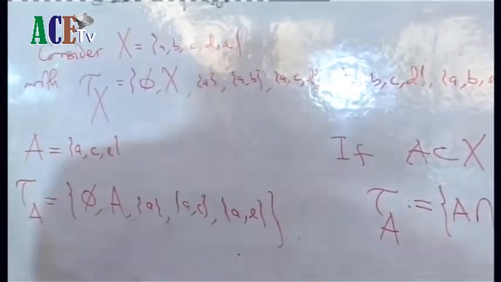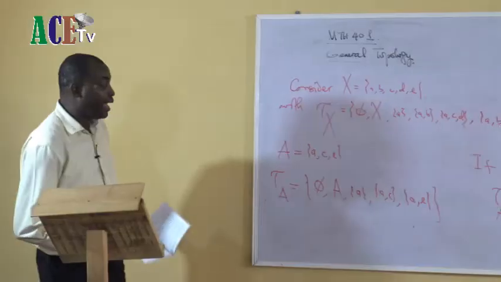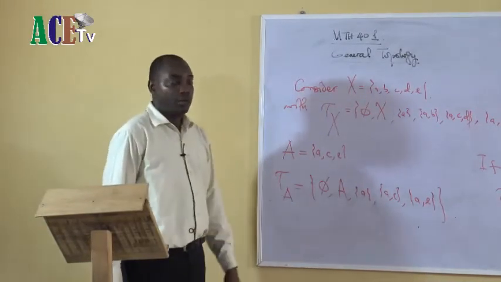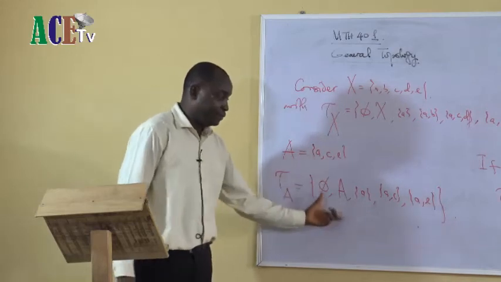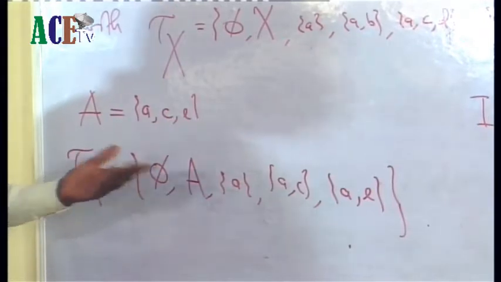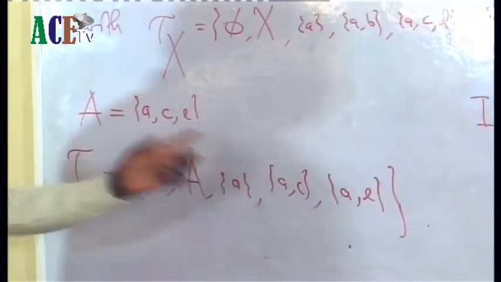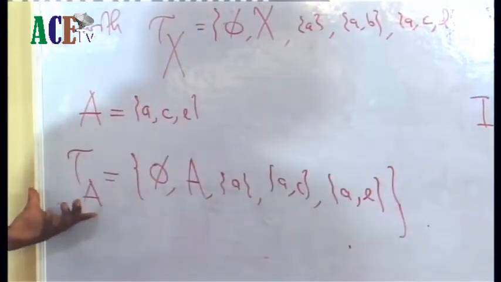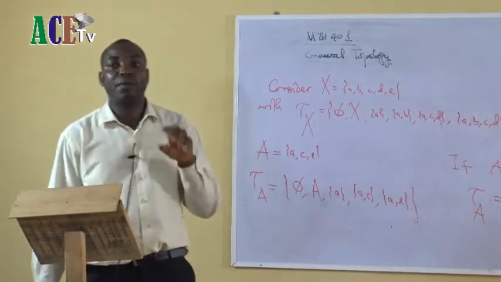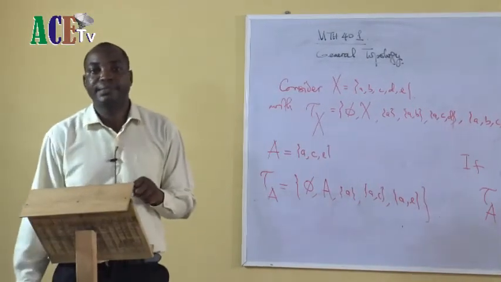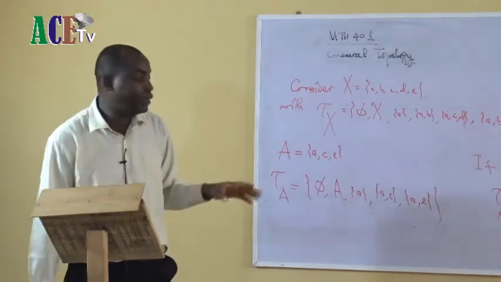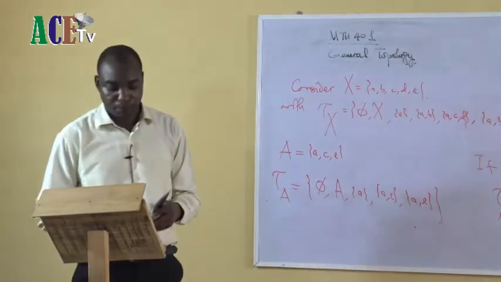You will agree with me that what we have here are all subsets of A. The empty set is a subset of A, A is a subset of itself, {a} is here, {a, c} is here, and {a, e} is here. So this is a new topology. So you can obtain a new topology from an existing topology. And when you do that, we call that a relative topology or a subspace topology.